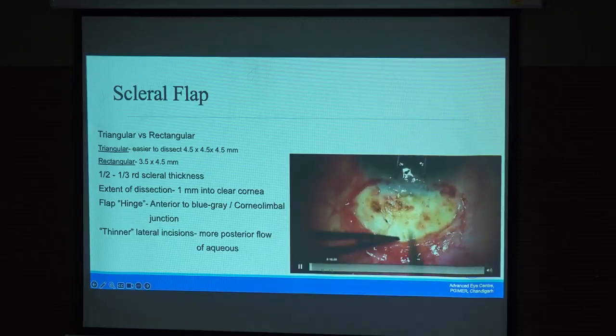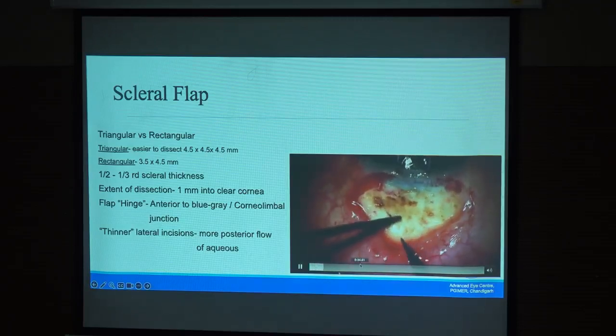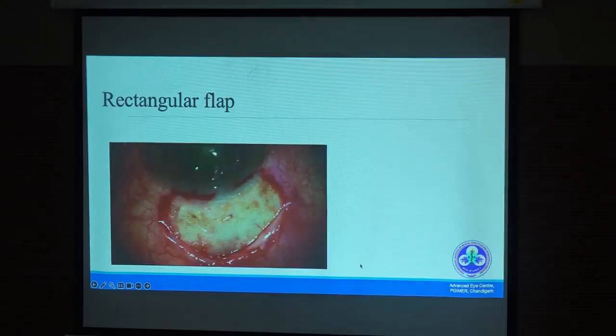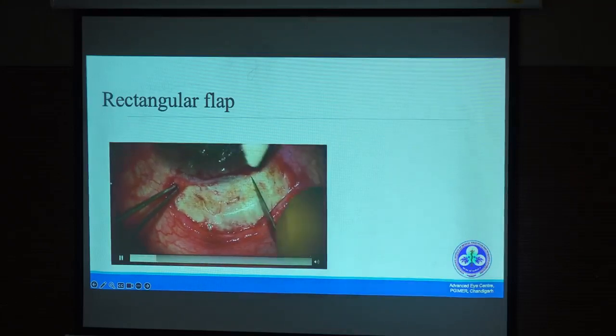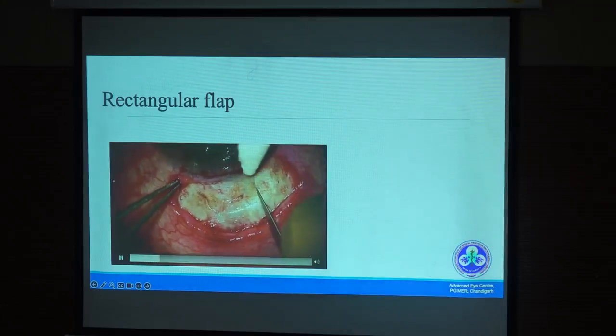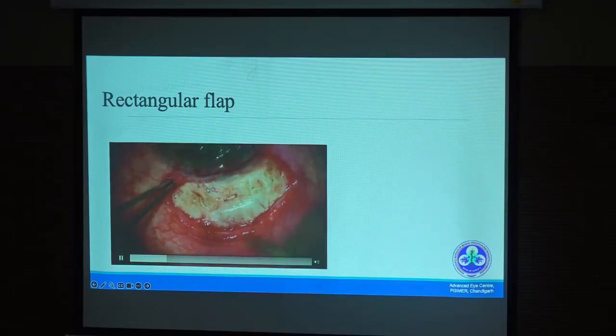This is making a quadrangular incision. First make the posterior incision, then make the side incision.